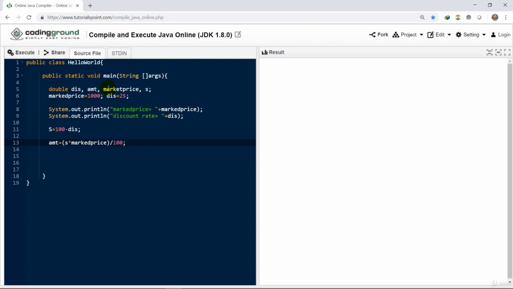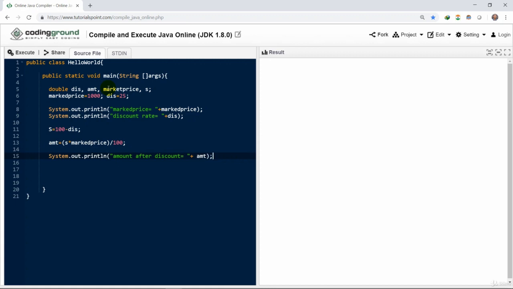It will display the amount the user needs to pay. And we can print a message by writing System.out.println, amount after discount that a customer needs to pay. Just provide the value of amount here simply on the screen.